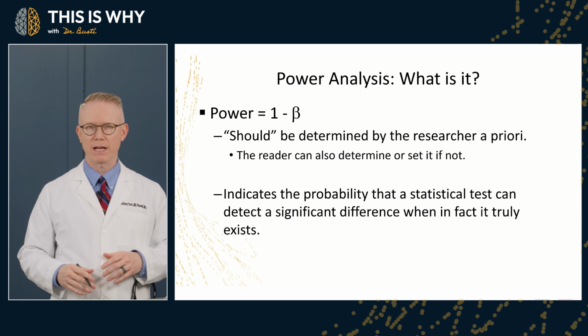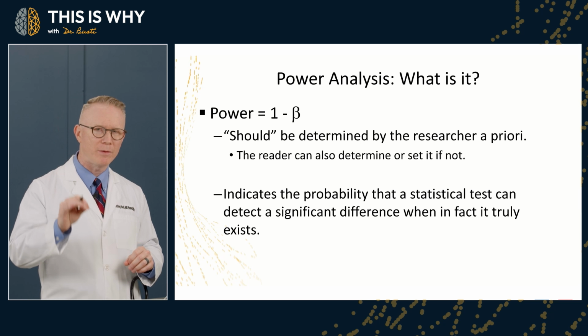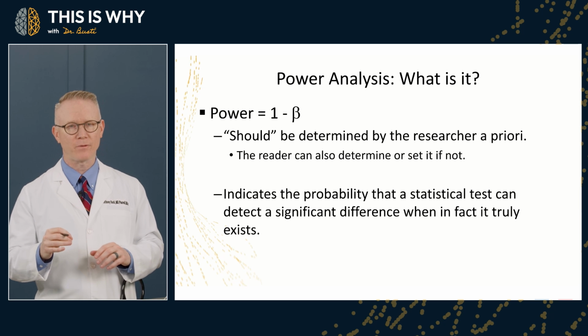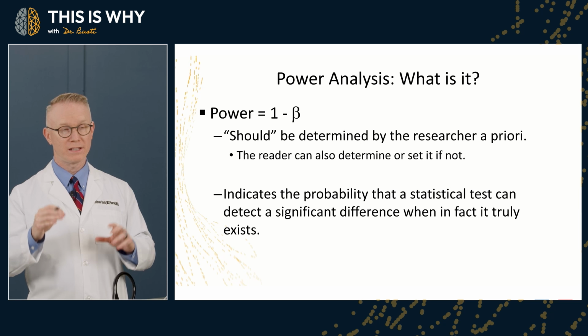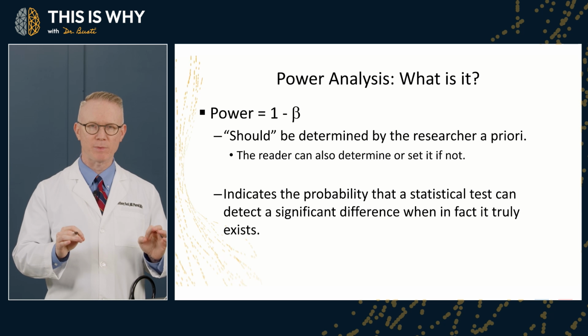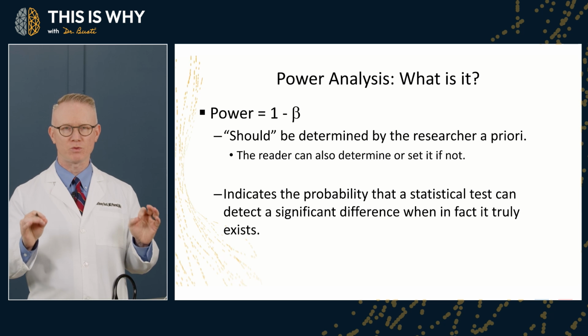What is it, right? It indicates the probability that a statistical test can detect a significant difference when it in fact truly exists. Remember, we're trying to see if that difference is really there.